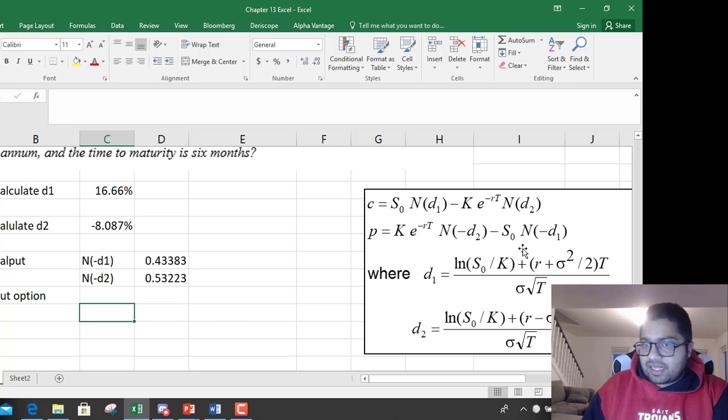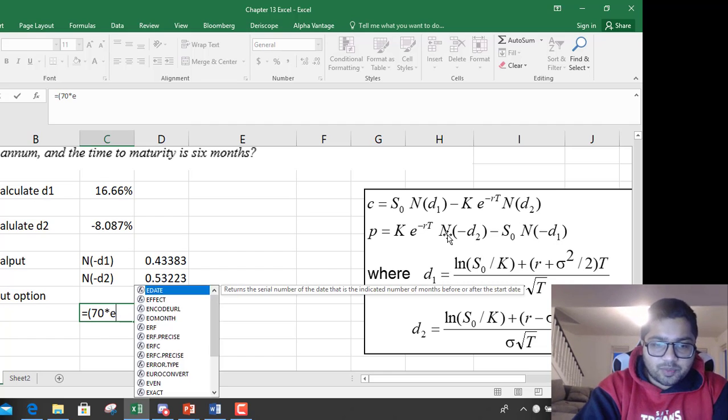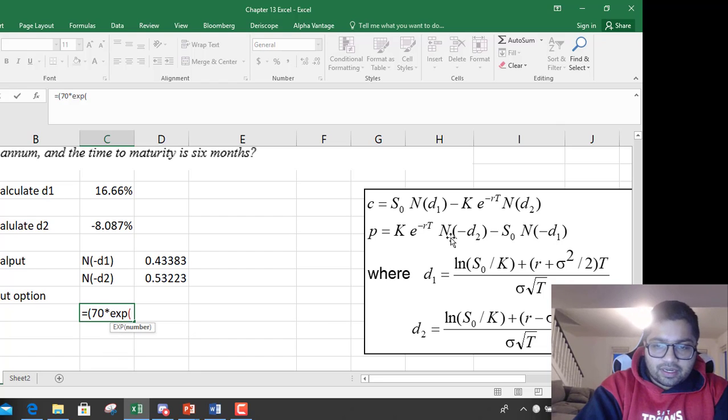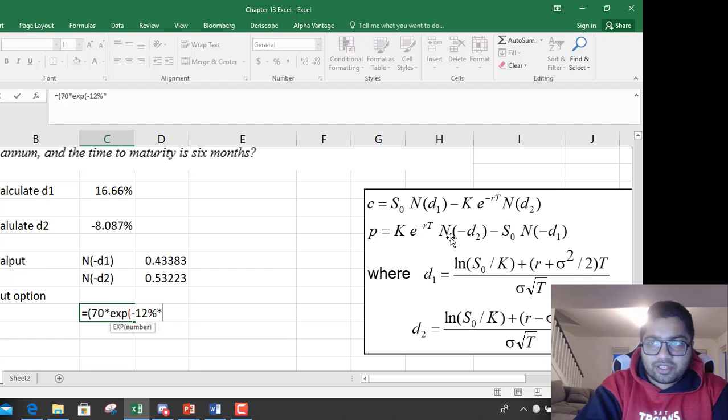So the put option's formula is this. First bracket: K is the exercise price, that is 70, into exponential negative risk-free rate 12% times T, which is 0.5.